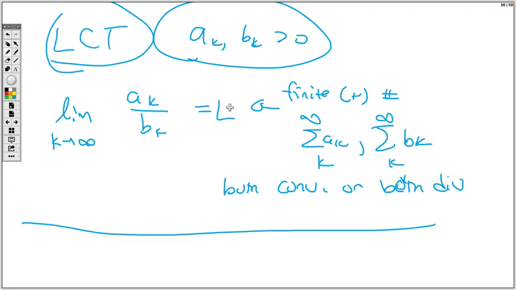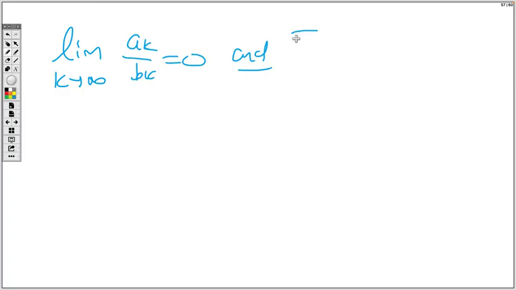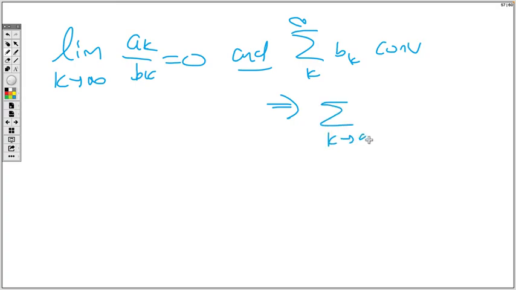And then we have a couple other cases. What if the limit is 0? What if the limit is infinity? So if the limit is 0 and I know that the denominator converges, then I get that the numerator converges.